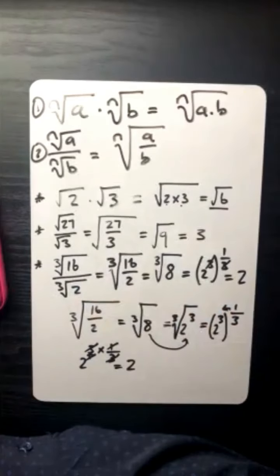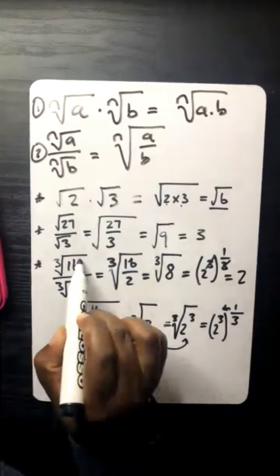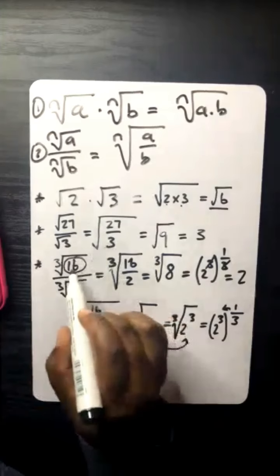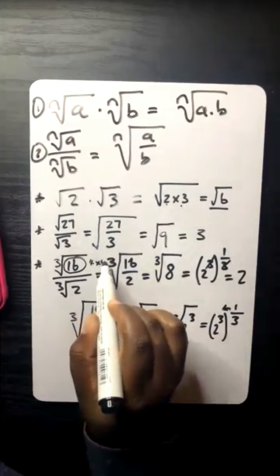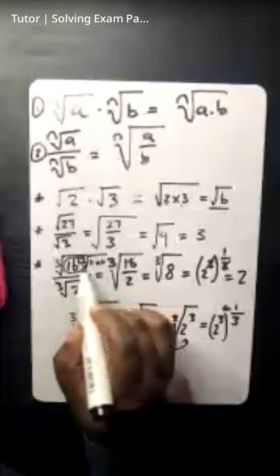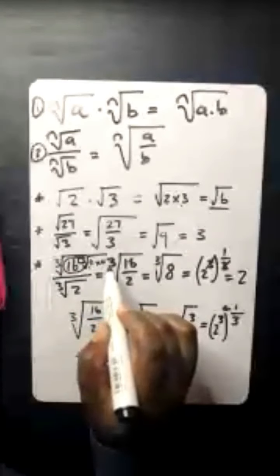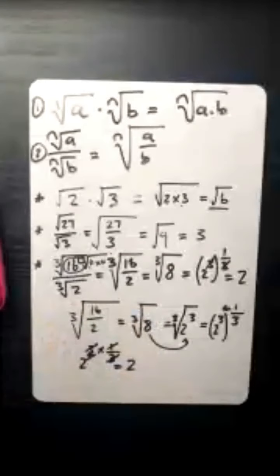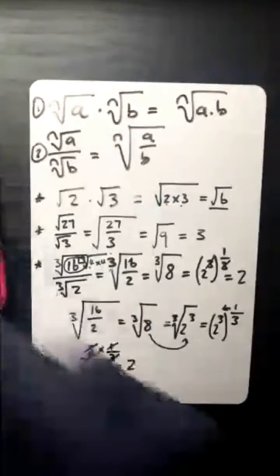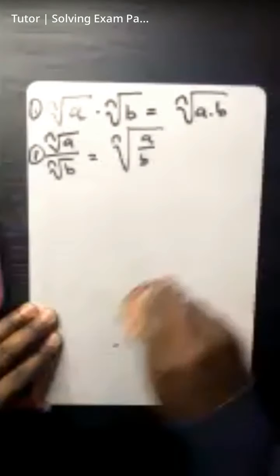Otherwise, if it's not the same, just work out that 16. For example, you can say what makes 16. Maybe if it's 4 multiplied by 4, then just say square root of 4 multiplied by 4. So I'm going to show you how to work out that one where you just expand whatever is inside the brackets. So let me remove all of these. That question is questionable, but for now, do not stress that much.